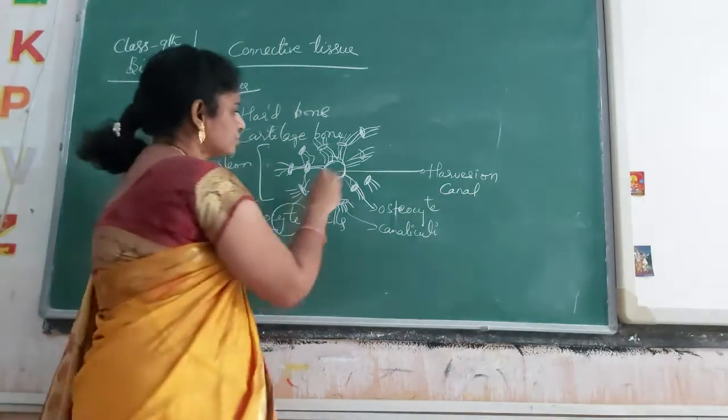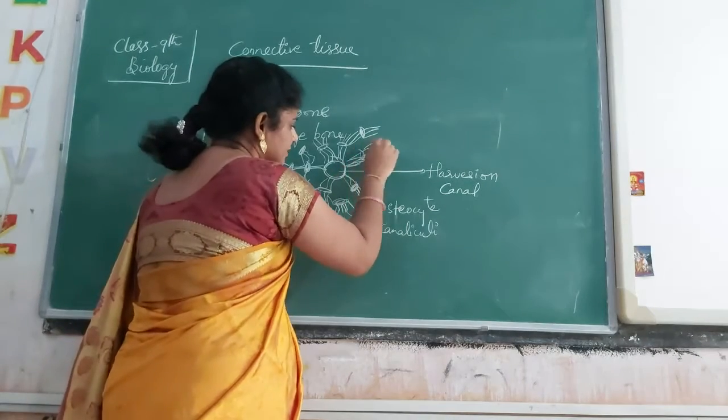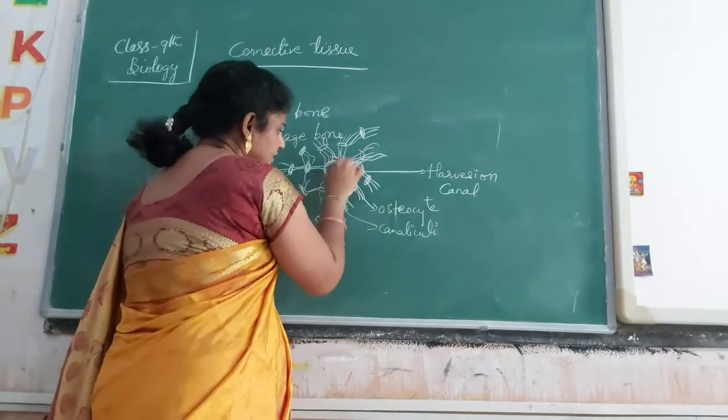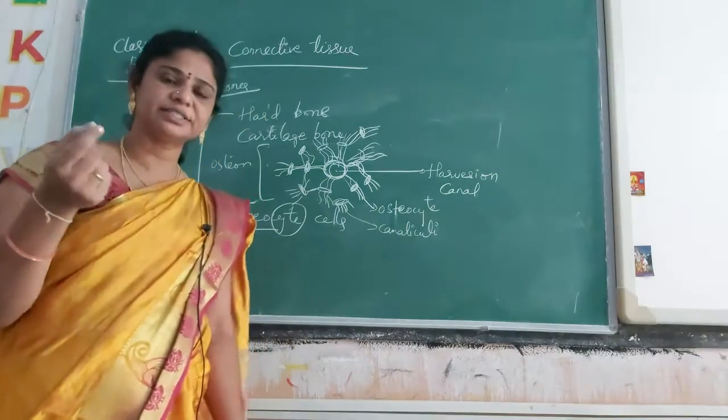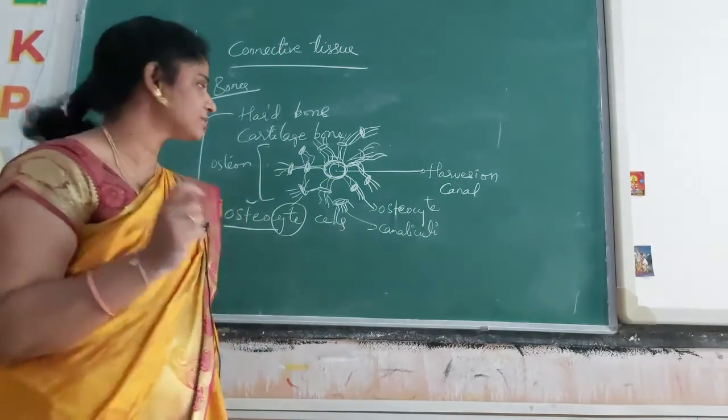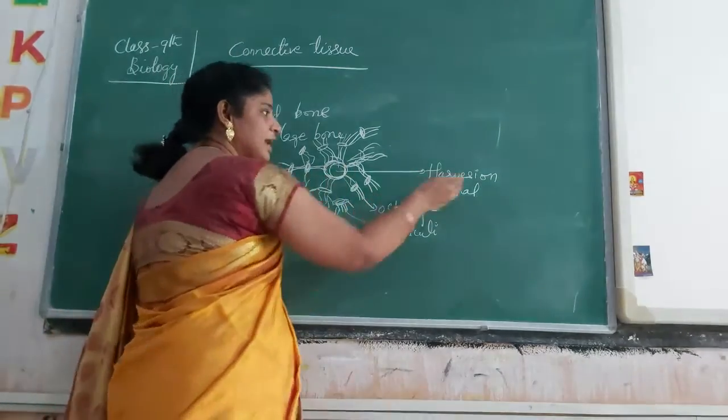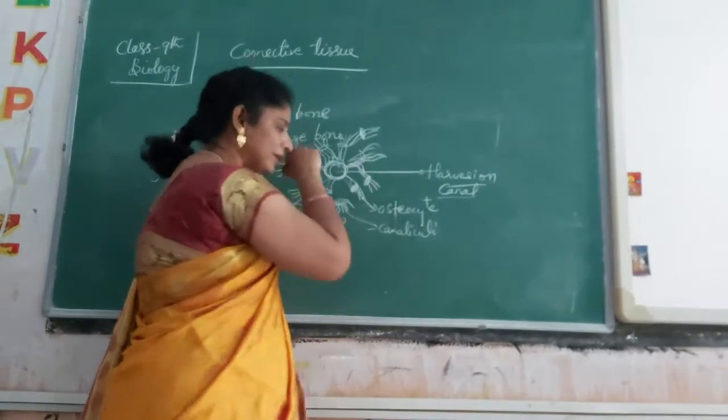This is the structure, a little bit complex. This is a Haversian canal in the center, just like a space or lumen. This space is called the Haversian canal, where the fluids may transfer.